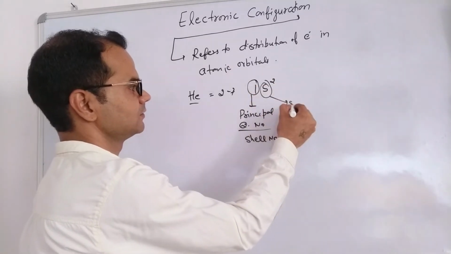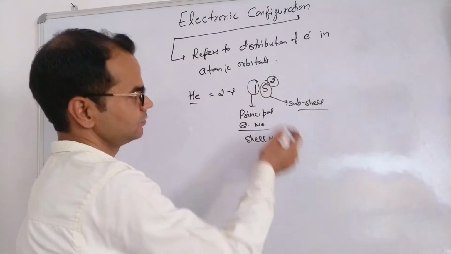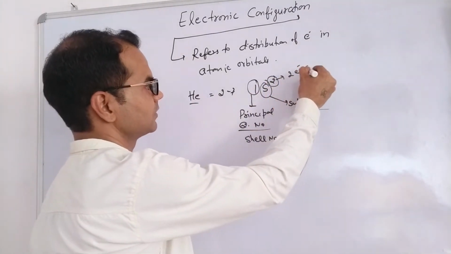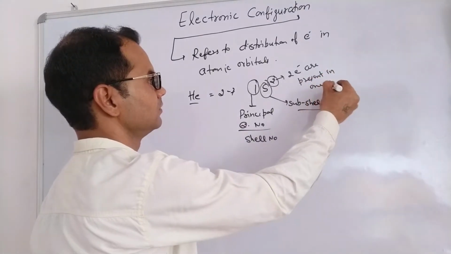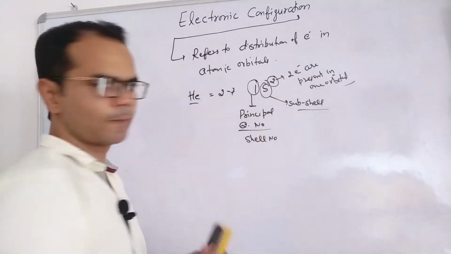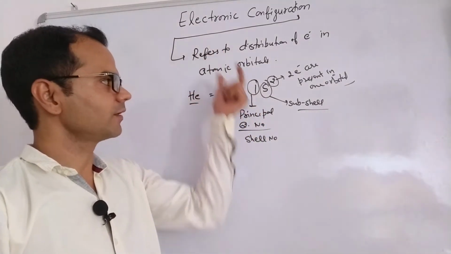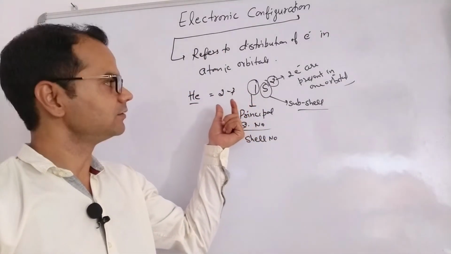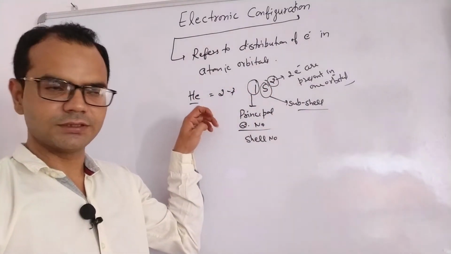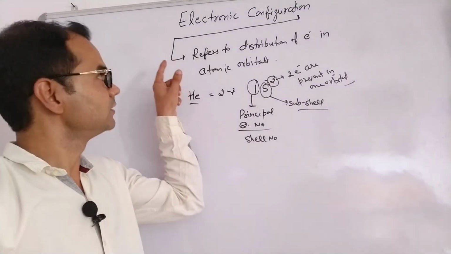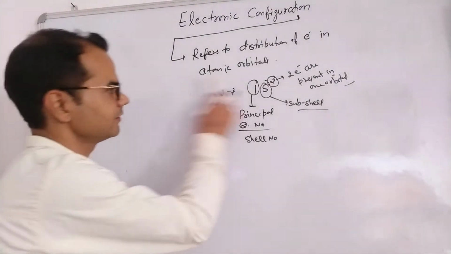S represents the subshell, and this 2 represents that 2 electrons are present in one orbital. That is the basic notation of electronic configuration. 1s2 for helium. Easy. There are some rules for electronic configuration. Let's understand each and every one.